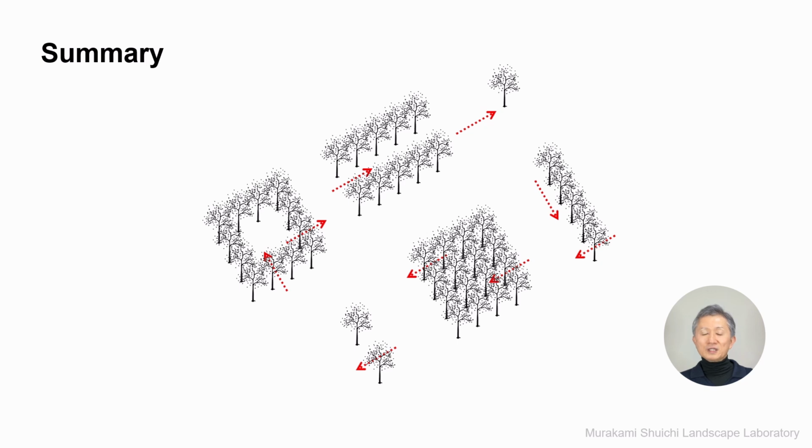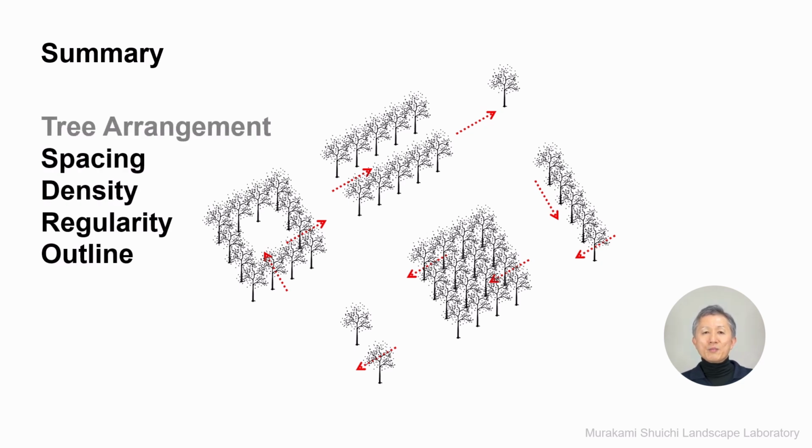Through today's learning, you may have sensed even greater possibilities for creating landscape sequences with trees. For example, by varying the spacing, density, regularity, or outline of tree arrangements, or by changing the size and the species of the trees, you can generate a wide range of scene changes based on these fundamental forms.